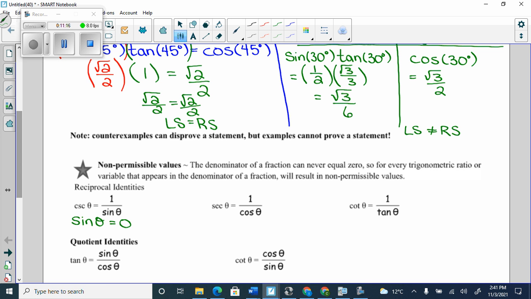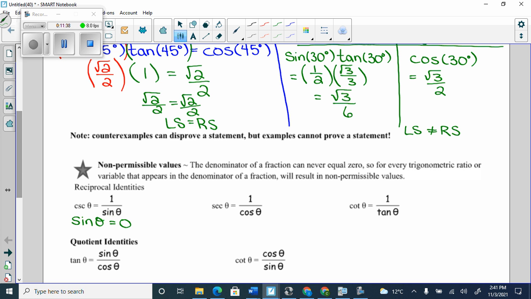Sine is y or x? Y. Where is y equal to 0? Yeah, x-axis. So where is that? 0, 180, 360, negative 180, negative 360, all of those, correct?